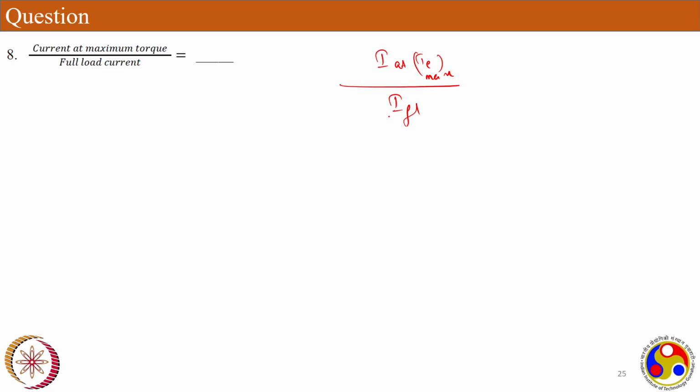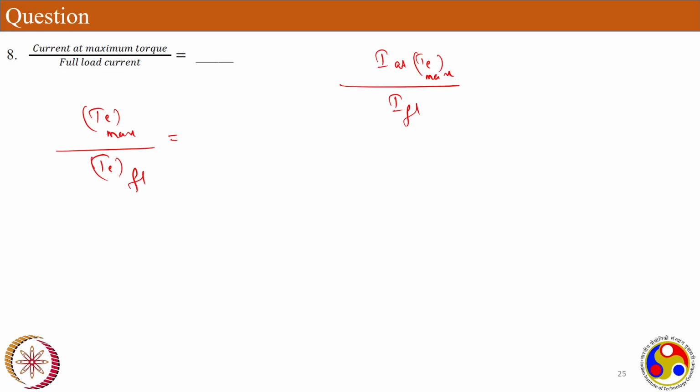Now I will go with the maximum torque formula divided by the full load torque formula. The maximum torque is I at T max square multiplied by R2 by 0.16, divided by the full load current square multiplied by this R2 dash by S. But S is important; you will have the maximum slips.